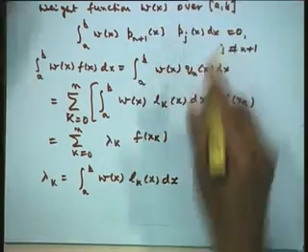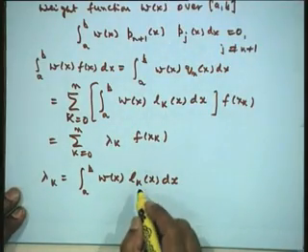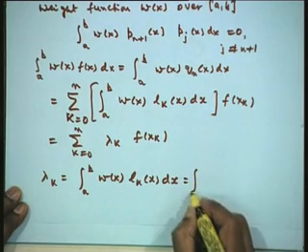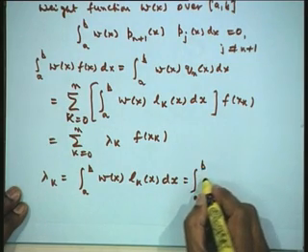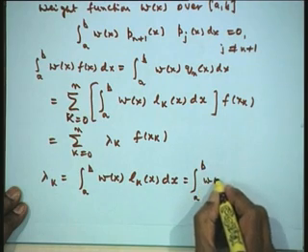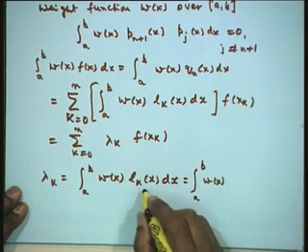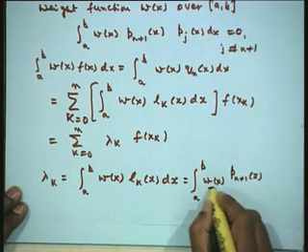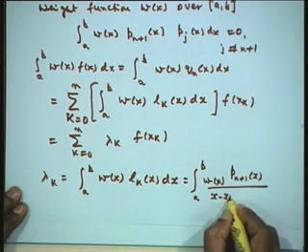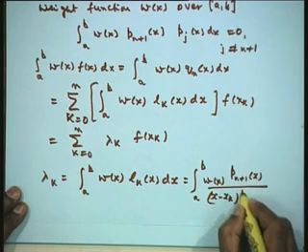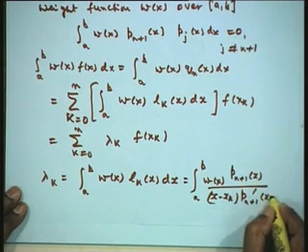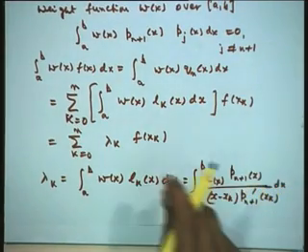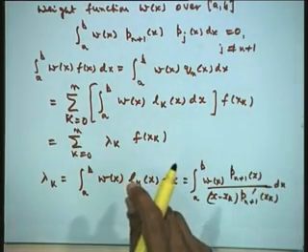Now, either I can use l_k(x) as a fundamental polynomial, or I can write l_k(x) back in terms of P_{n+1}(x) that we have chosen. So, I could as well have written this as the integral a to b of w(x), and I can write l_k(x) as the polynomial P_{n+1}(x) divided by (x minus x_k) times P_{n+1} prime at x_k, dx.